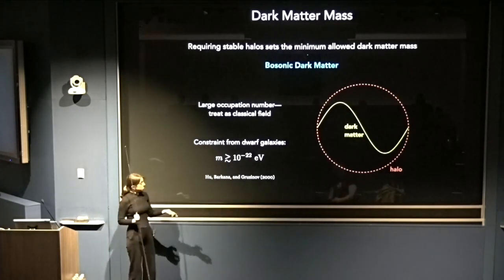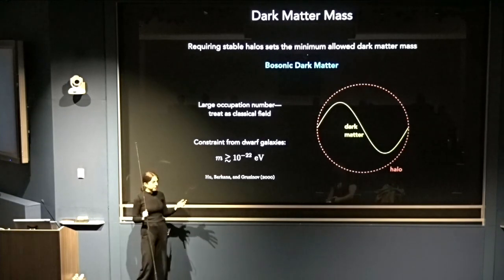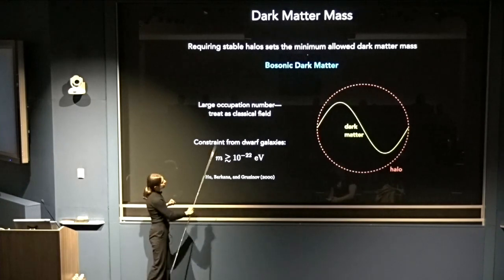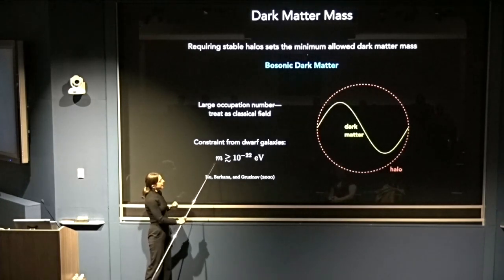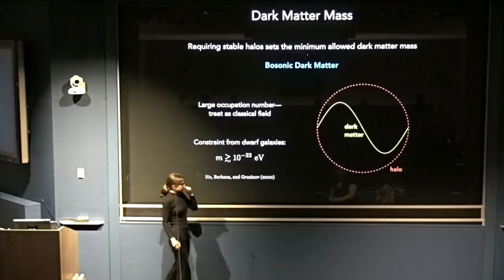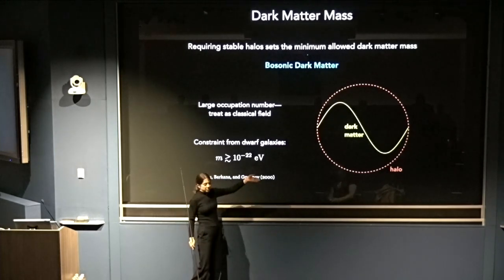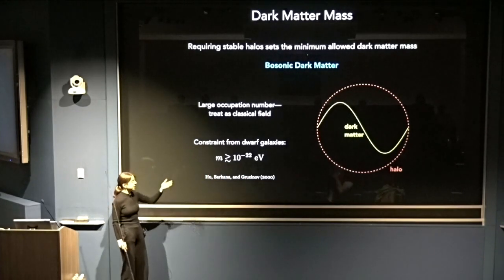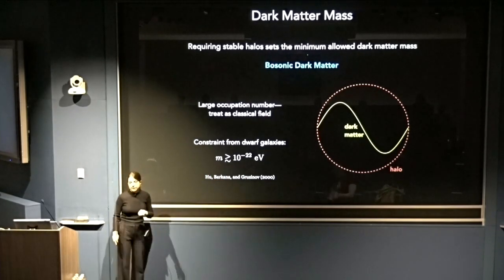And so collating through all the data, looking at all of our dwarf galaxies, looking at their sizes, that ends up giving us a mass scale for the dark matter that says it has to be greater than 10 to the minus 22 electron volts. So these would be wave-like dark matter candidates with wavelengths that are on the order, by definition, of these small dwarf galaxy systems.